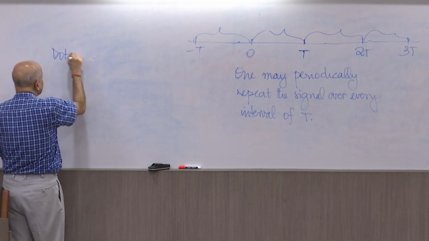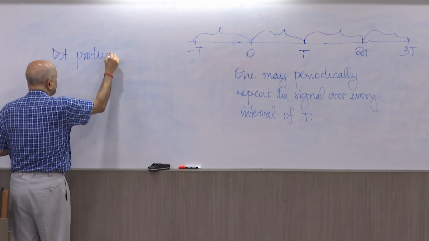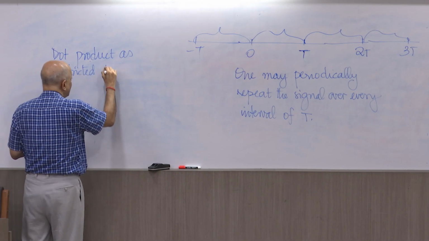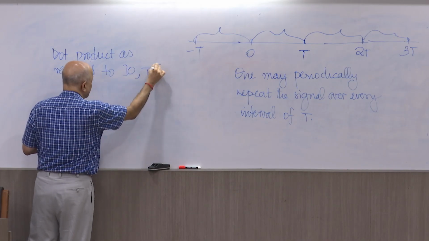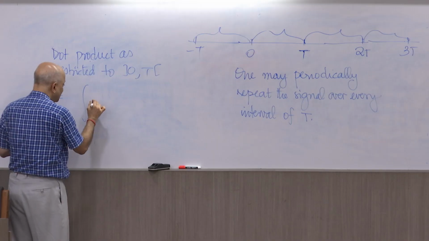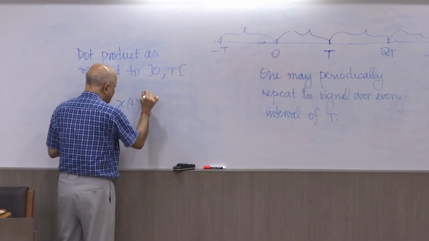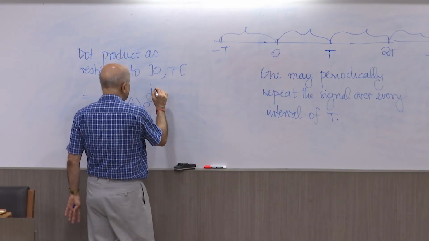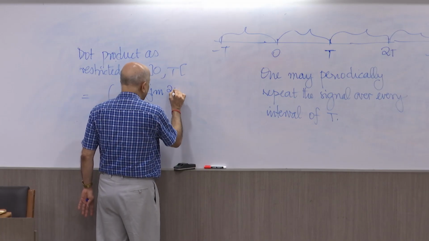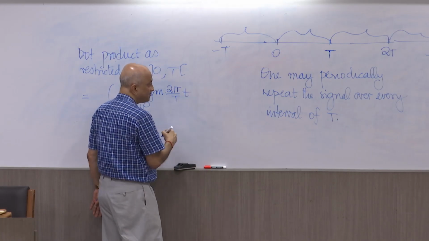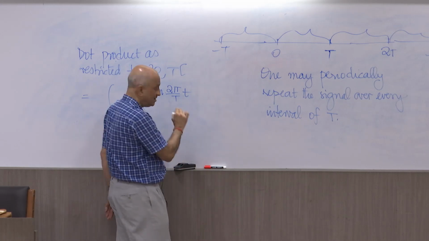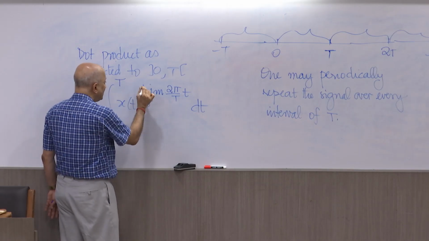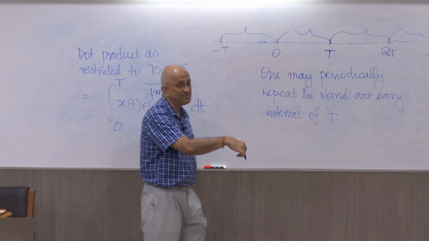The dot product as restricted to 0 to t is the integral of x(t) e raised to the power j m 2 pi by t times t, that is, omega naught t, dt, integrated only from 0 to t, and only for those frequencies. You're not considering all frequencies. And we take the complex conjugate of this as before.